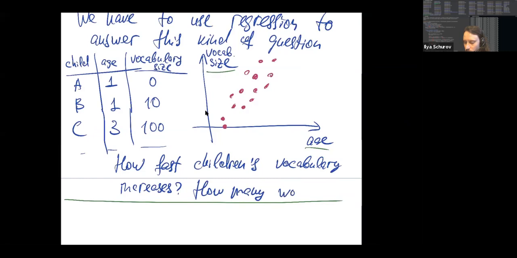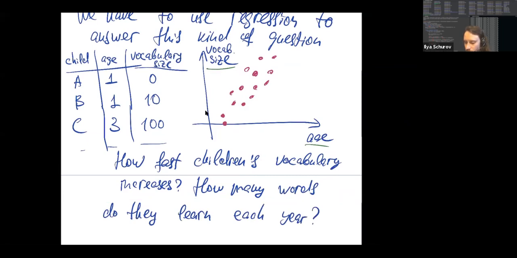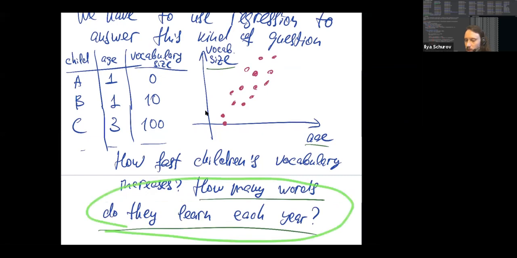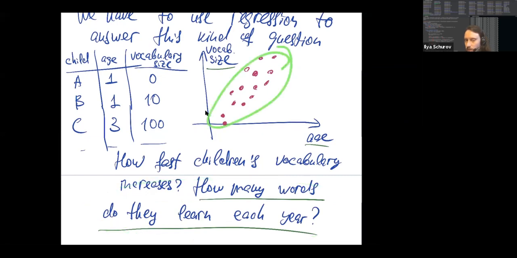How many words do they learn each year? How can we answer this question by looking at this data?